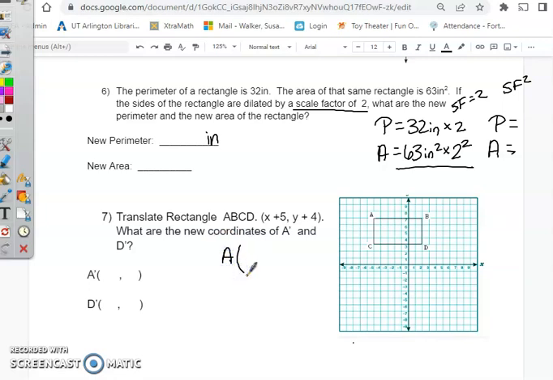Okay. So as you know, there's a couple ways you can do this. What I would do generally, just because I'm a visual person, is I move it on the graph. So I'm going to move x5 and y4. Okay, so x5, 1, 2, 3, 4, 5. y4, 1, 2, 3. Oops, it's off the graph, right?